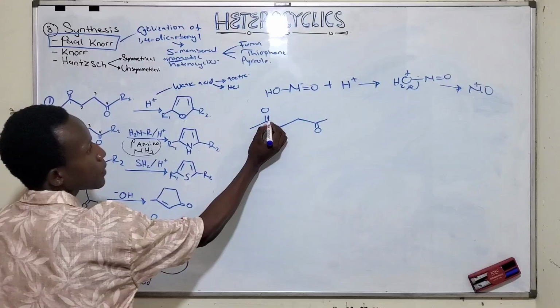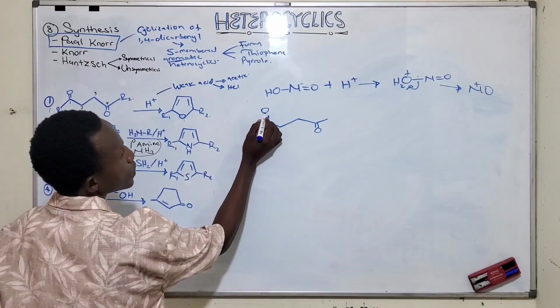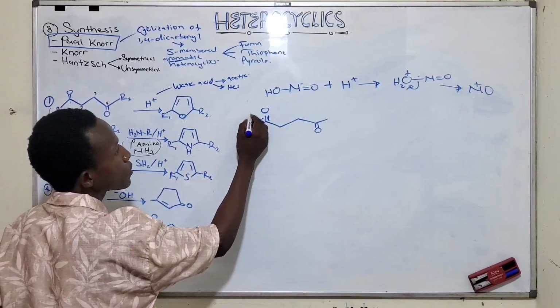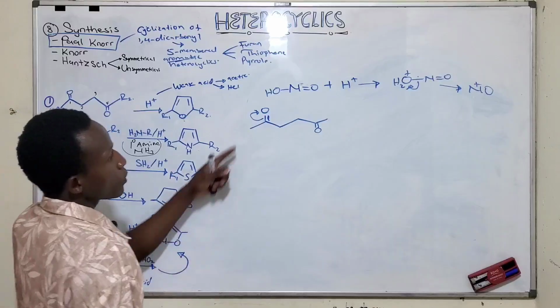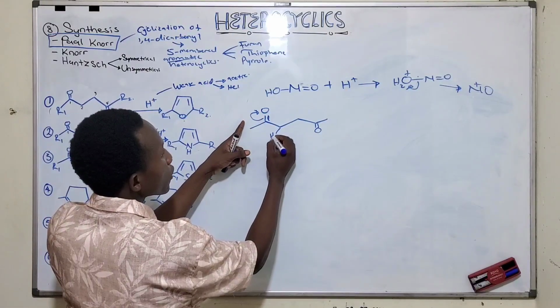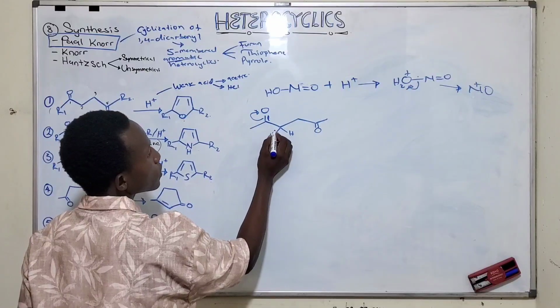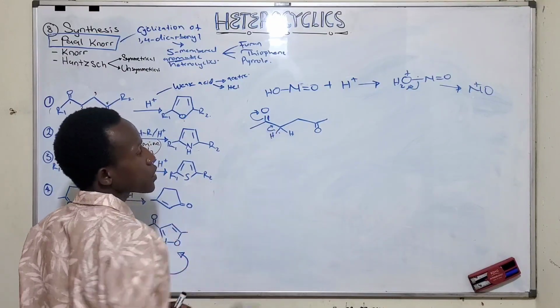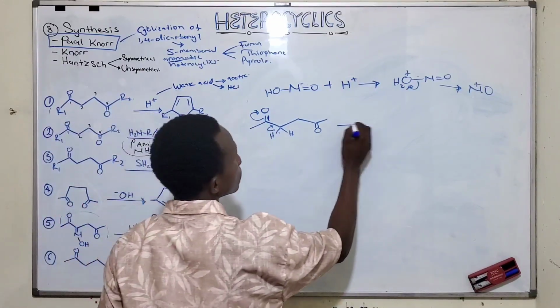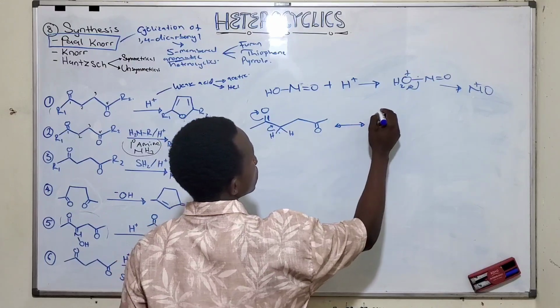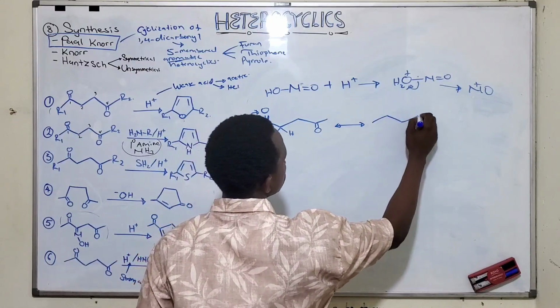Remember, from previous mechanisms, we saw that this oxygen is electronegative. It pulls electrons towards itself. You can have resonance. Here we're having hydrogen and another hydrogen. So as it pulls electrons, one of them can be lost. Form this. It's a resonance reaction.